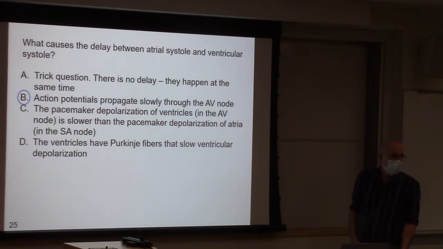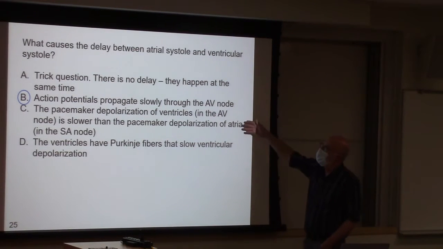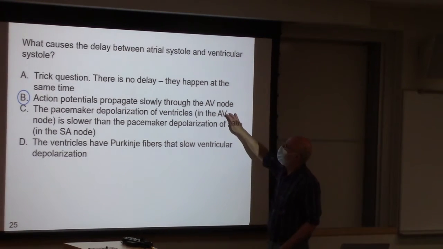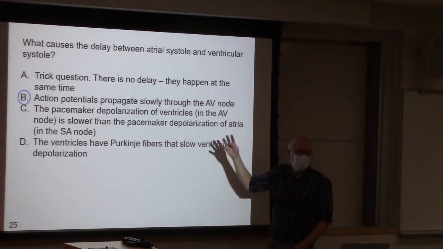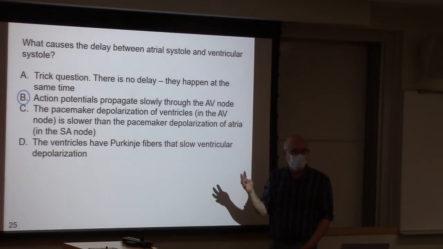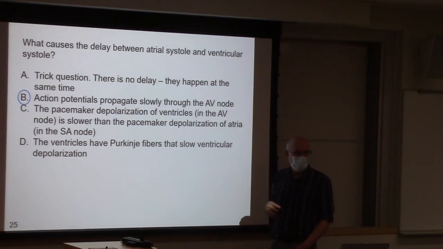C as in Charlie. The pacemaker depolarization of ventricles. Well, I mean, this is a kind of tricky, this is a terrible answer because there are so many untruths to it. The ventricles are not in the AV node. I mean, the AV node is not in the ventricles. It's in the inferior aspect of the right atrium.